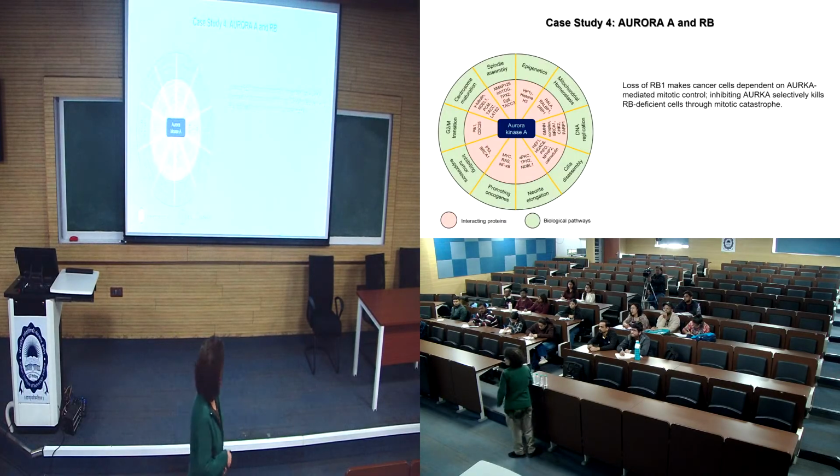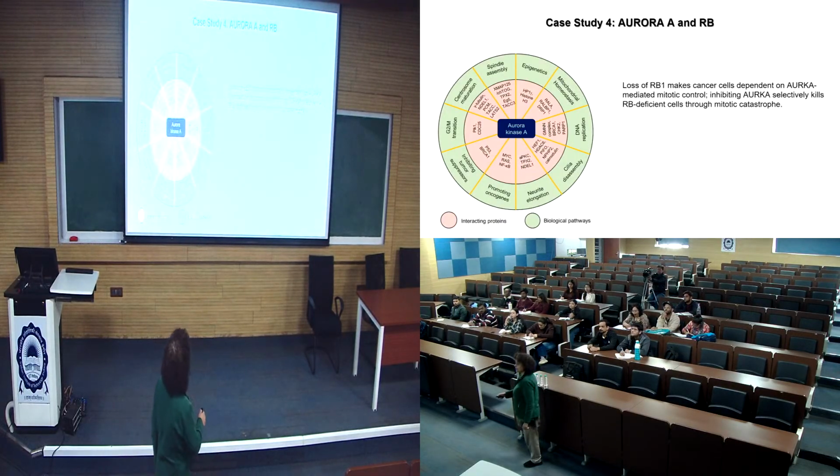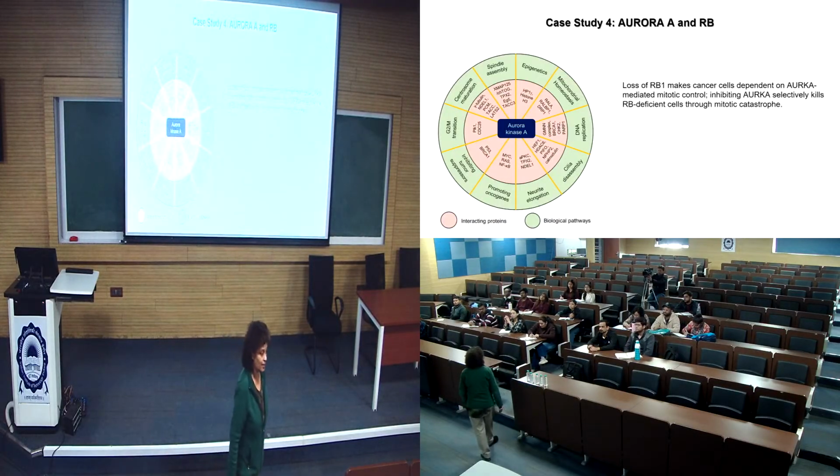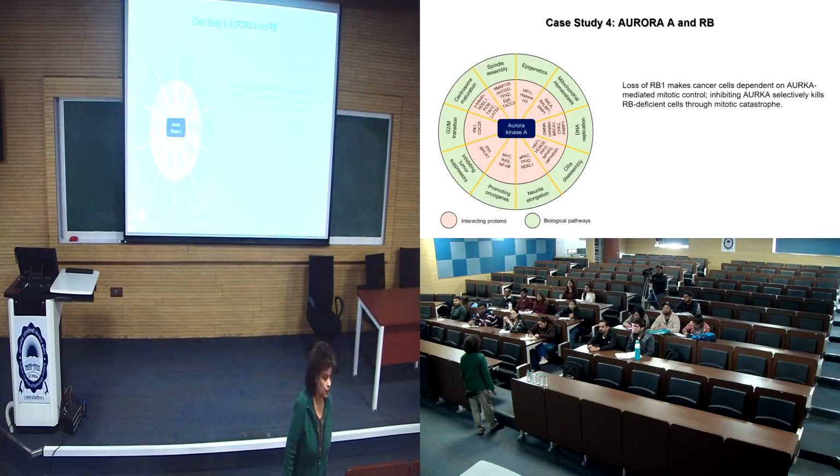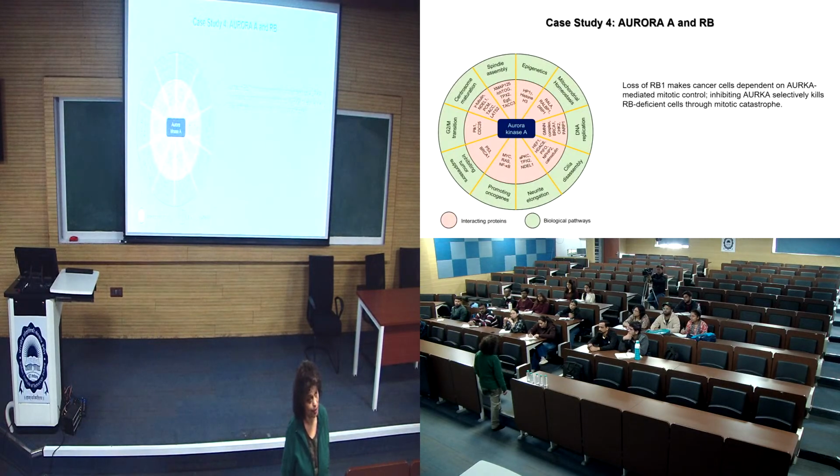This is just showing you that it is involved in many different pathways, and there are many known substrates of Aurora. There is a tumor suppressor called retinoblastoma. If you have to guess, what do tumor cells do to tumor suppressors?